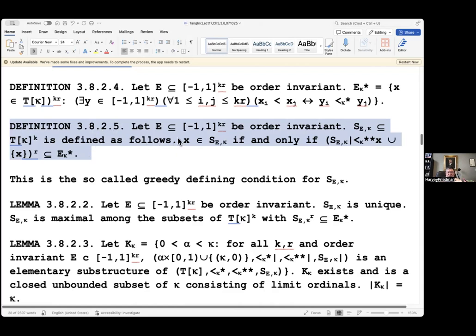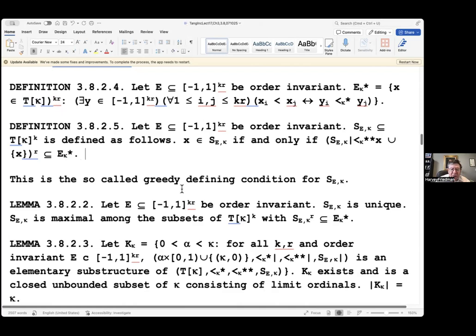Let's see, do I have to actually say what X is? X is in there if and only if restricted. Now you know that in order to put it in there, X has to be decent, because it's got to be part of E_kappa star, which means that it's got to be in T_kappa^K.